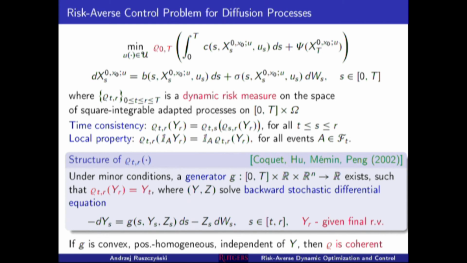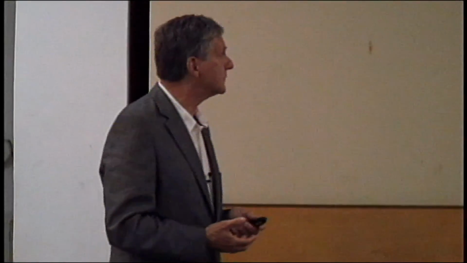So we want to put here a risk measure. Instead of expected value, we want to put here a risk measure. If we put here an expected value, there are very many books that investigate this problem. It's a very difficult problem, a very large theory, and very interesting and deep.